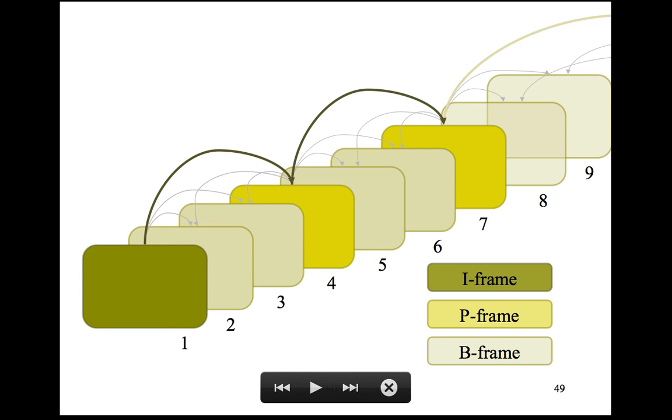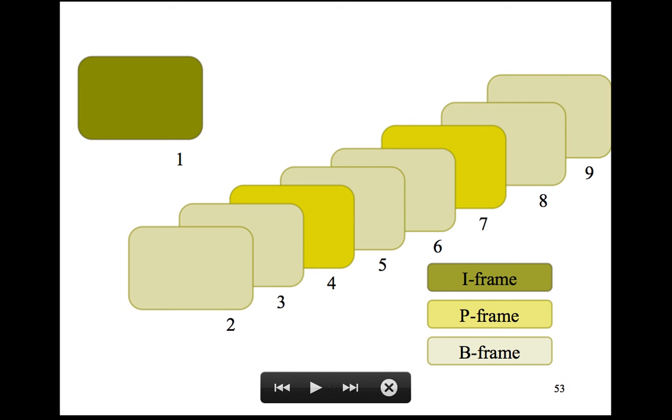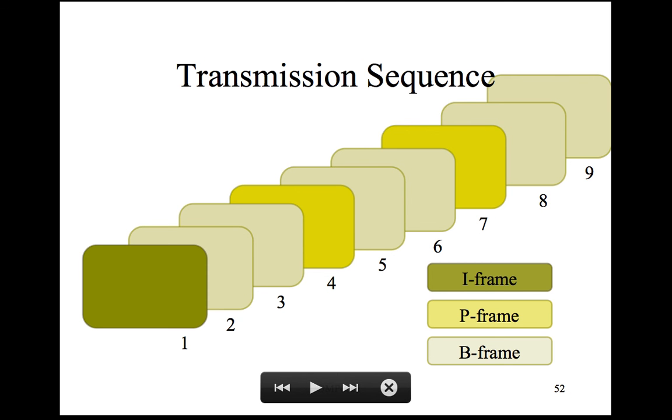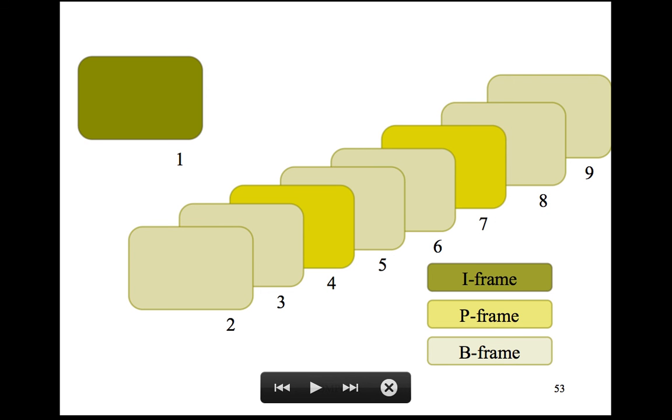But this has some fairly head-wrecking consequences. So let's say we're transmitting this from A to B. So we send off frame 1, and the receiver goes yip-de-doo, I decode frame 1, and displays frame 1. And we send frame 2.